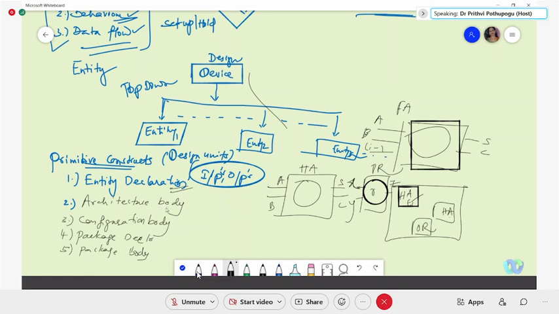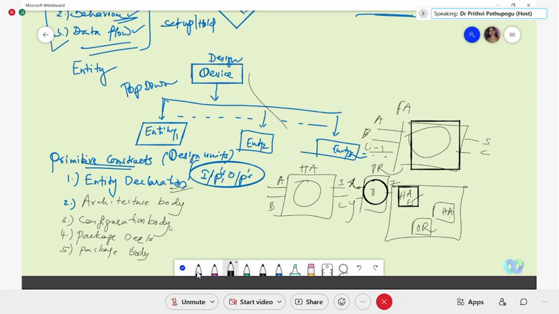Your architecture body will define the total hardware of the entity you declared here. The entire description of your design lies in this architecture body. You will define the relation between the inputs and outputs here in the architecture body, using what we call the configuration body, package declaration, and package body.